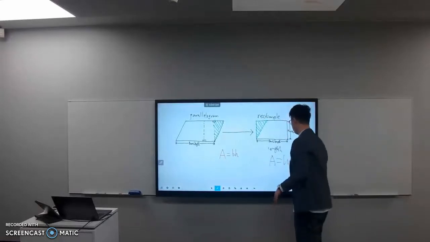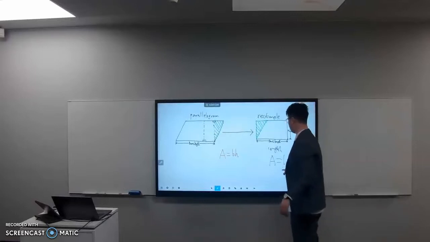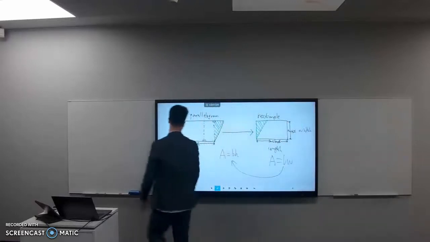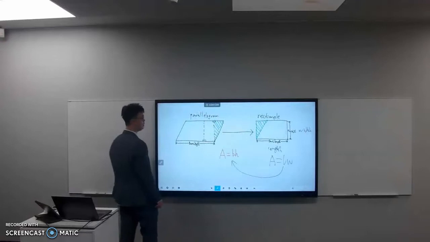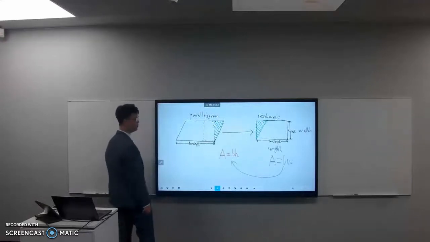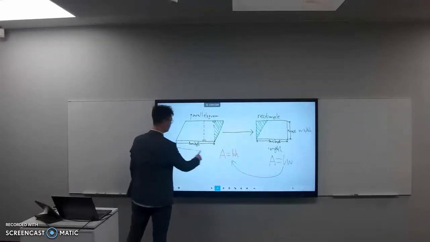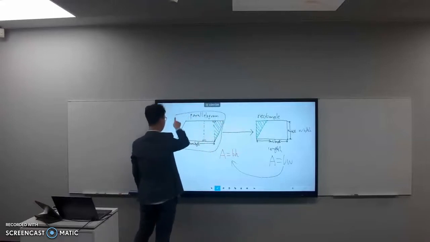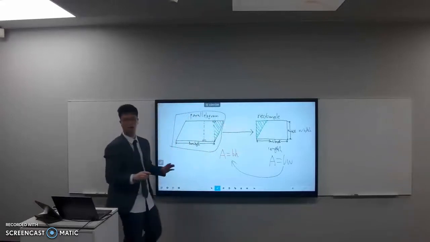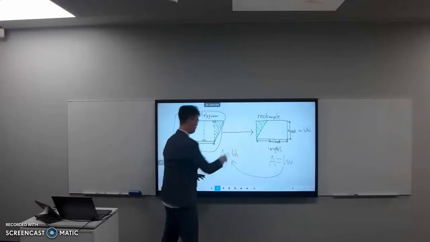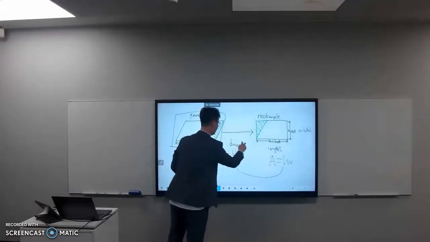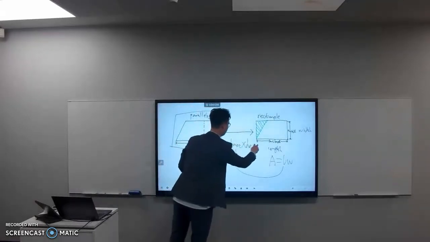It's length times width. That means it's the same as base times height, which gives you the formula for a parallelogram. So the area of a parallelogram is calculated by base times height.